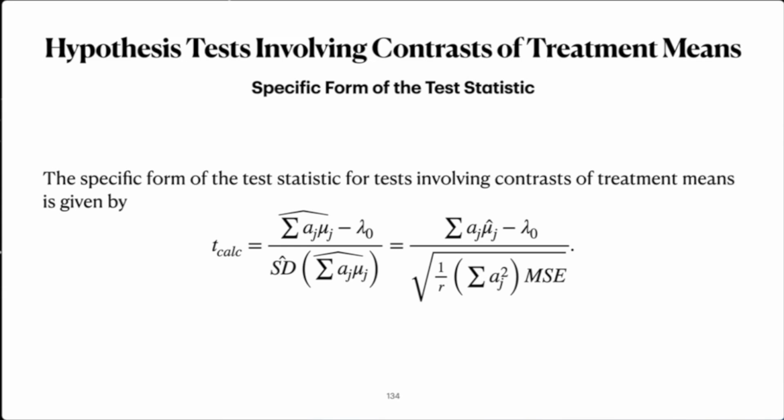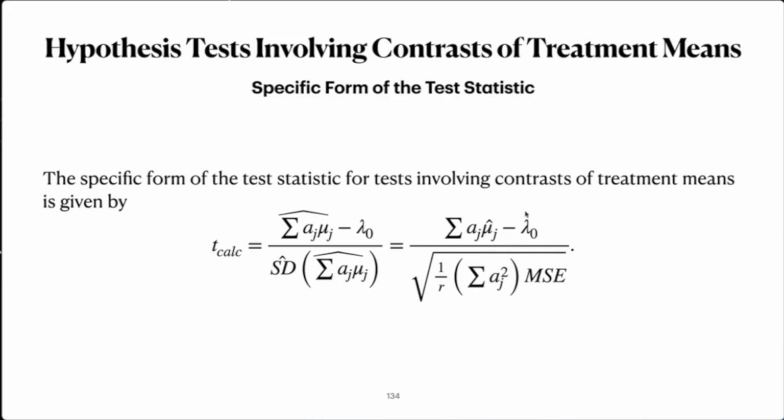Now, the specific form of the test statistic in this case has this form. So again, it's a t-statistic. The numerator of that t-statistic is the point estimator for the linear combination, so the sum A sub j times mu hat sub j.